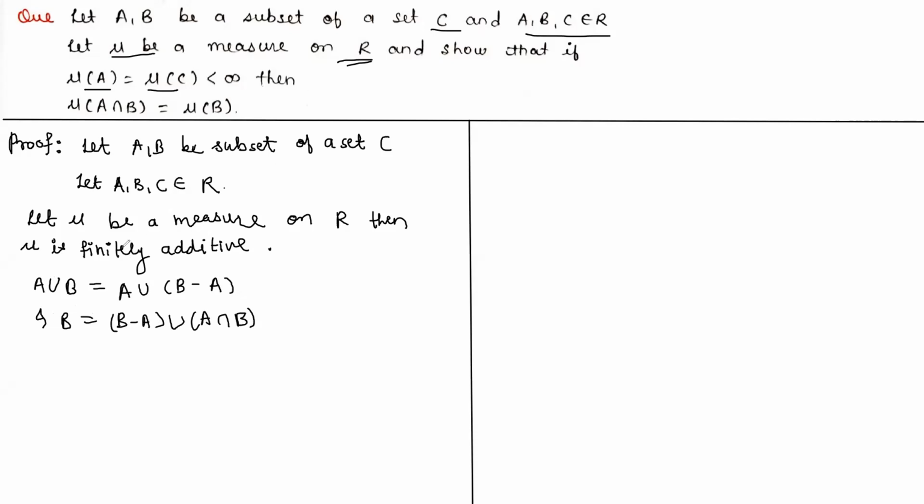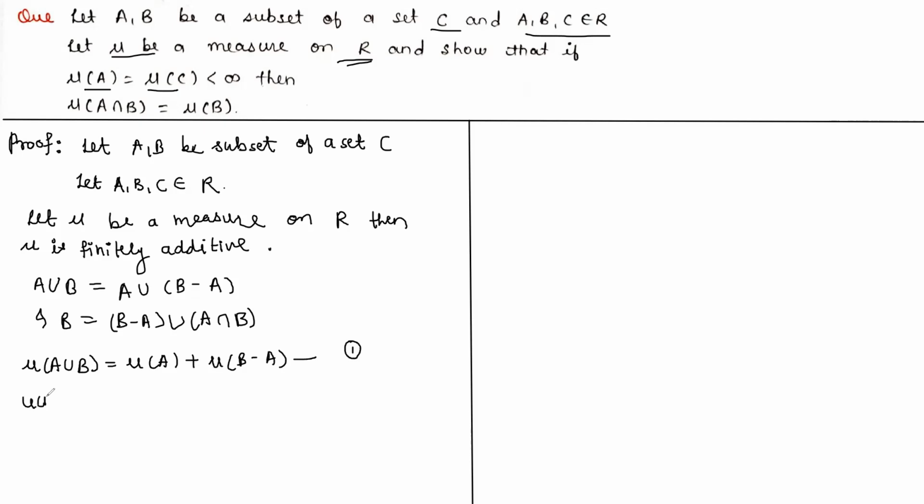Now, since this measure μ has the finitely additive property, measure of A union B is equal to measure of A plus measure of B minus A. Let this be number 1.